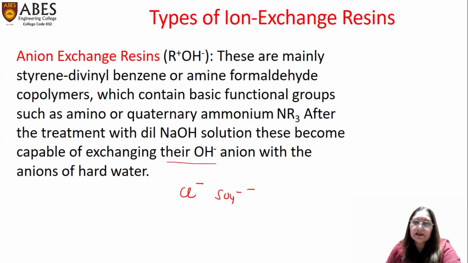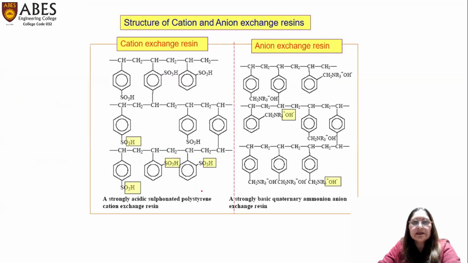Anion exchange resins contain basic functional groups: amino group, quaternary ammonium group. And these anions are removed by anion exchange resins. This is the structure of cation exchange resin and anion exchange resin. Cation exchange resin contains the acidic functional group.